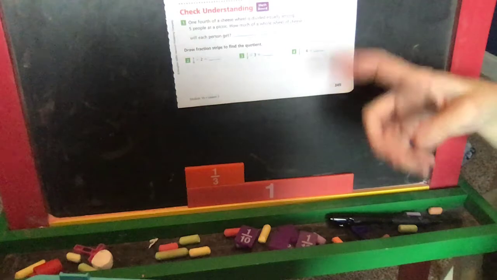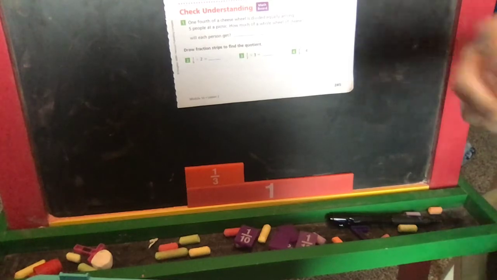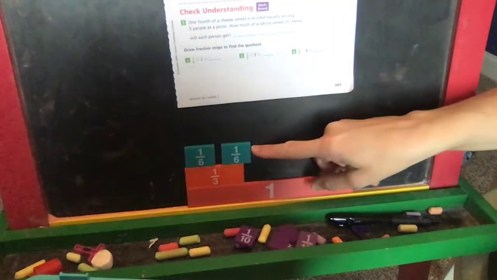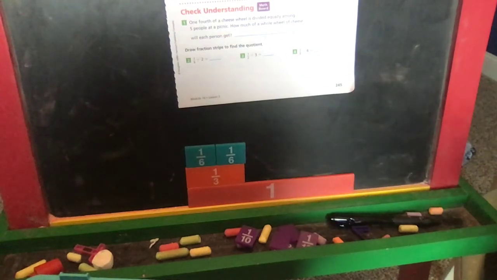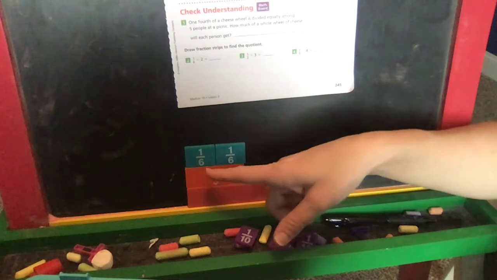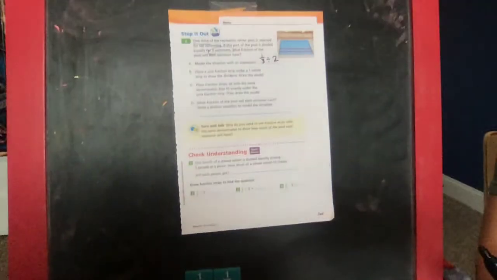When I see 3 and 2, I automatically think of the number 6. And I know that 1/6 plus 1/6 is 2/6, and 2/6 is equivalent to a 1/3. So if I put my 1/3 into 2 equal parts, each part is going to be 1/6.